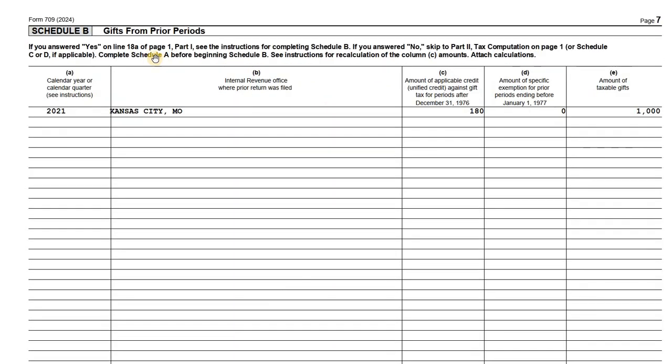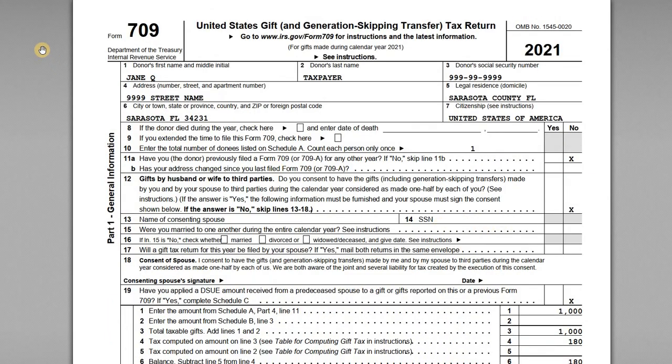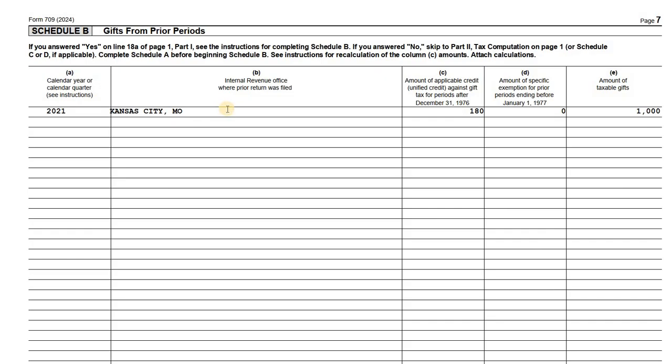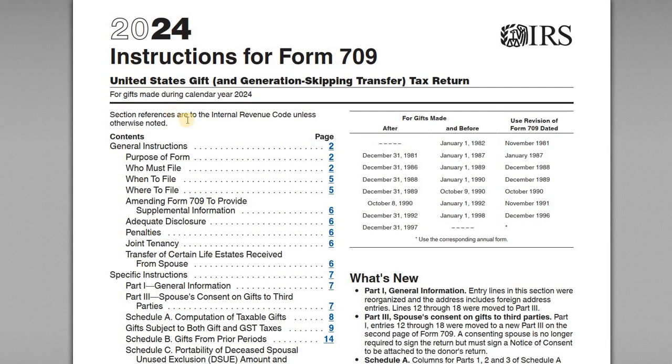A thing to note on the gifts from prior periods: if the total amount of gifts reported in prior periods is under $500,000, you can simply look back at the prior year returns, pull these numbers, and transfer them right over to Schedule B. If you have gifts exceeding $500,000, then you've got to do a recalculation of the credit that applied. There are worksheets within the form instructions.